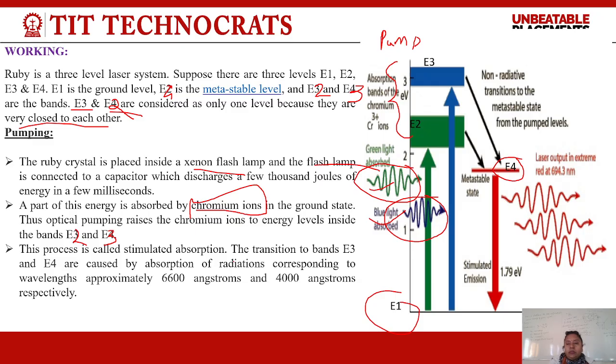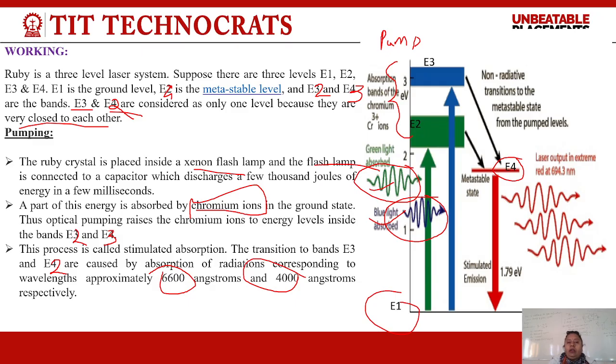This process is known as absorption. And this absorption is for green and blue color, so the wavelengths are nearly about 5600 angstrom and 4000 angstrom, which are the wavelengths of green color light and blue color light.